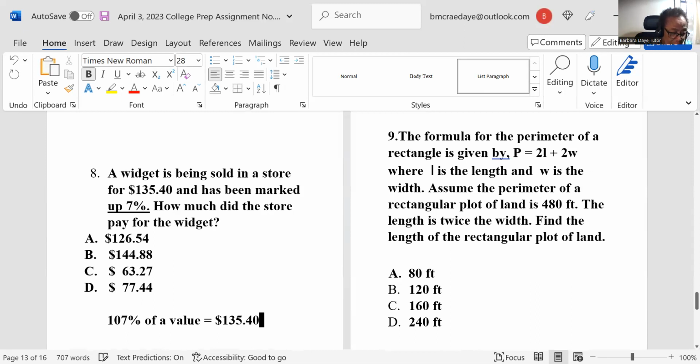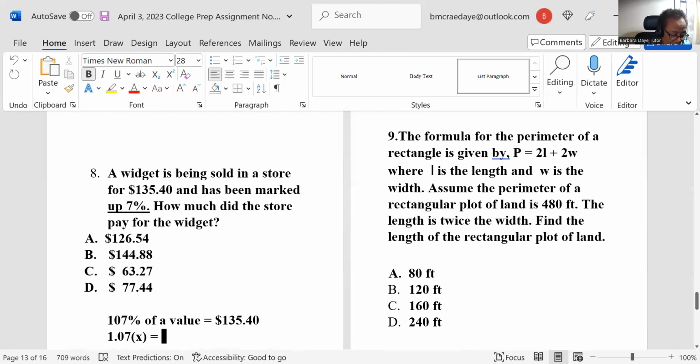And we can make that percent a decimal. That percent as a decimal would be 1.07, and we call the value X. 1.07 times X is equal to 135.40.